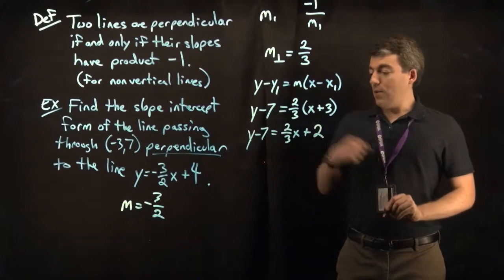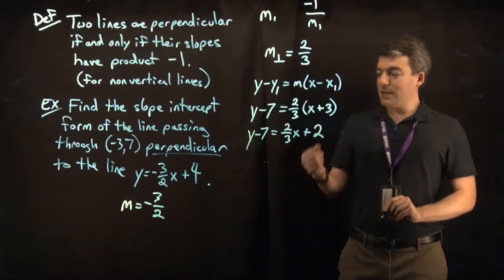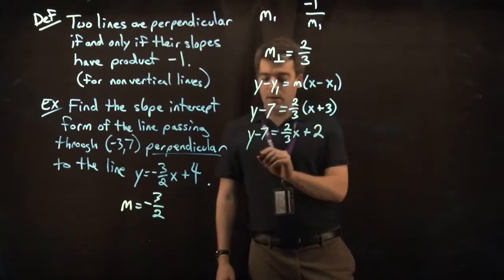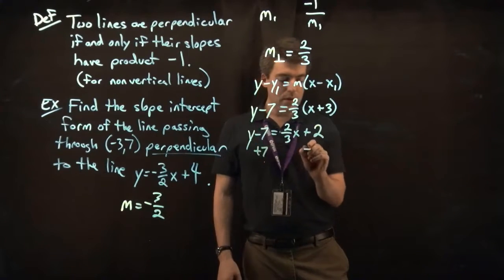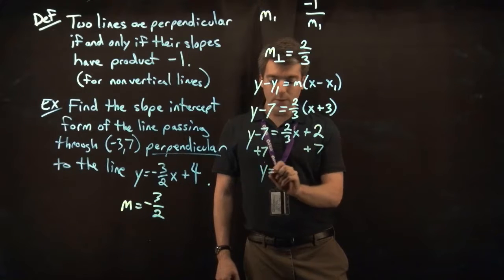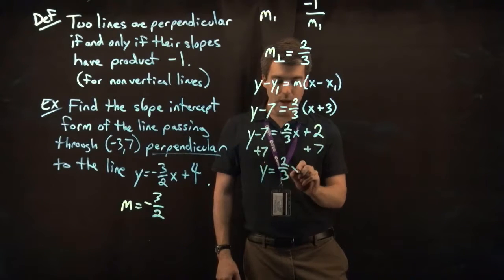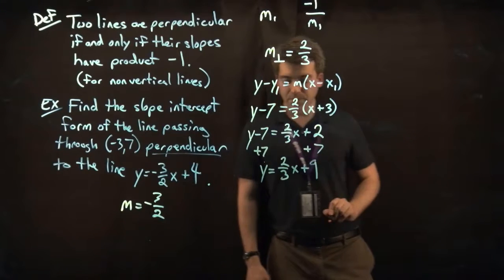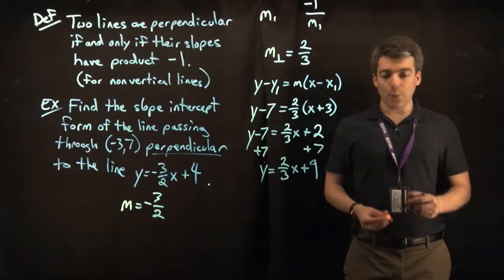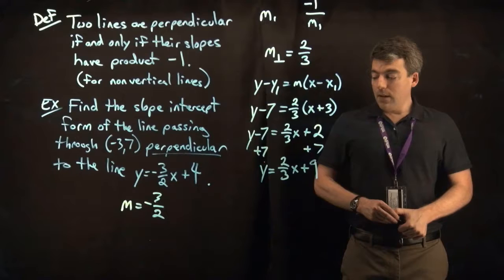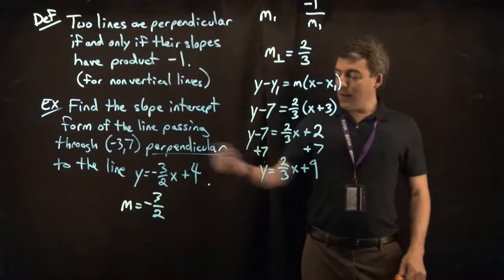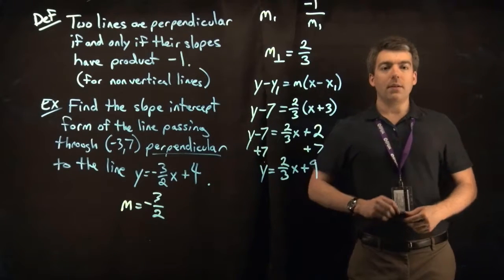All right, and now we need to get the y by itself, so we'll add 7. So we have y equals 2/3 x plus 9. There we have the slope-intercept form of the line that is perpendicular to our given line passing through the point -3, 7.